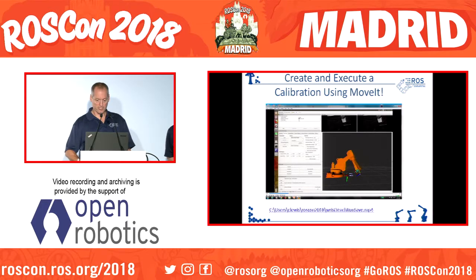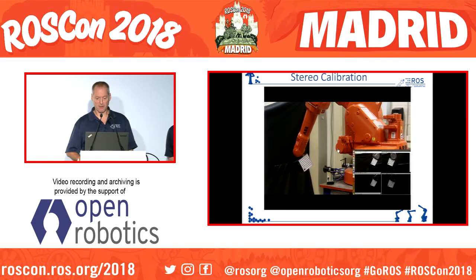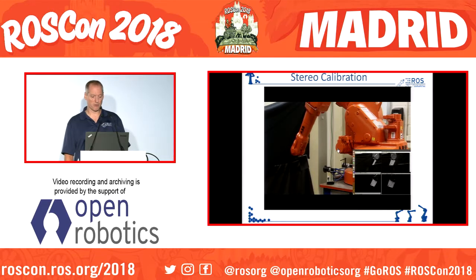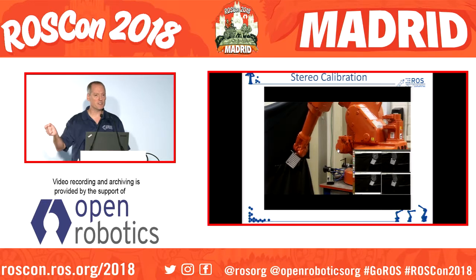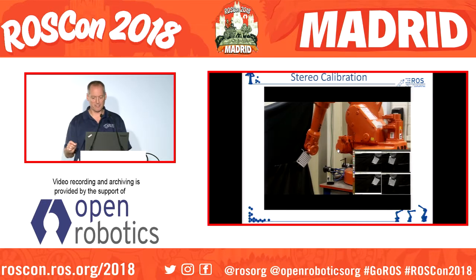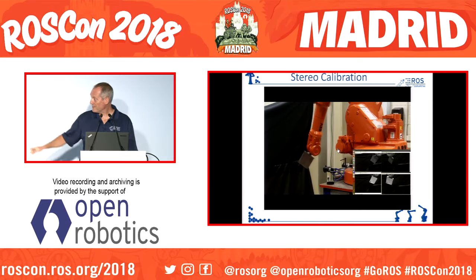Okay, I'm going to skip this one. I'm going to demonstrate a quick stereo calibration here. What I'm computing is, I've basically hit the run button. I've saved a bunch of poses, and then I hit run, and it's basically just taking a whole bunch of pictures, and you can see all the pictures in the side there.